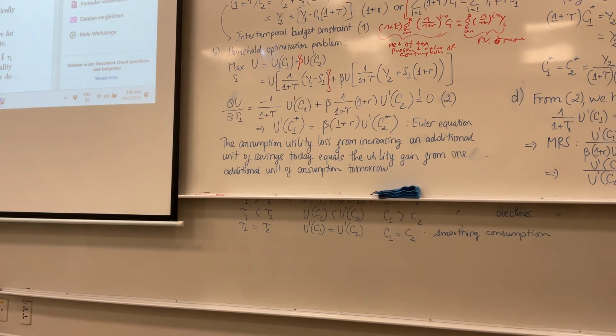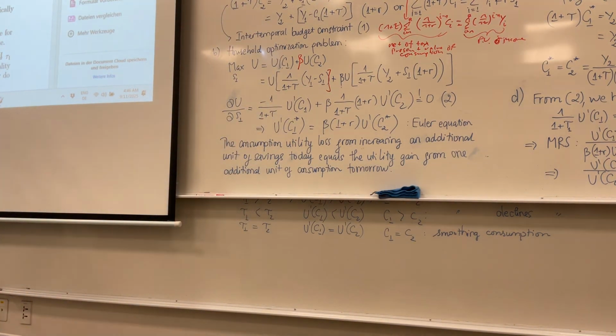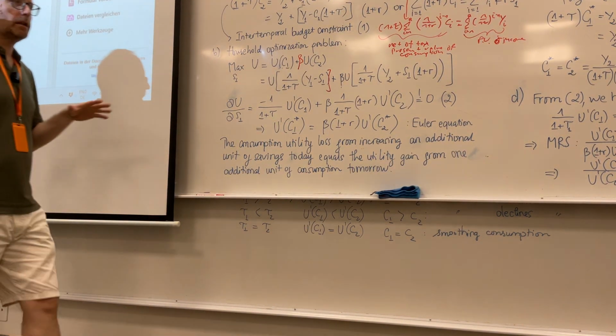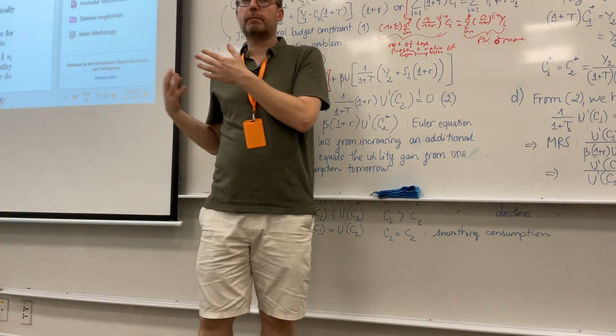Fantastic. Now for part C, let's assume that the real interest rate compensates exactly for our impatience, and there's good reason to think in many cases in an equilibrium that's going to be the case. Where is the real interest rate of the market going to come from?